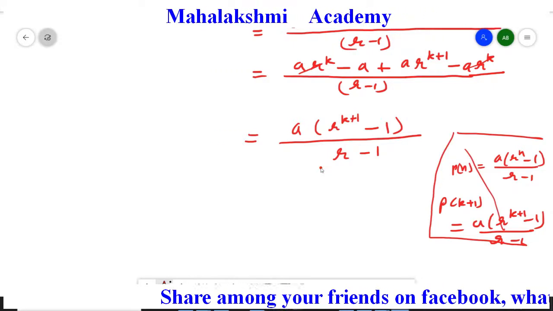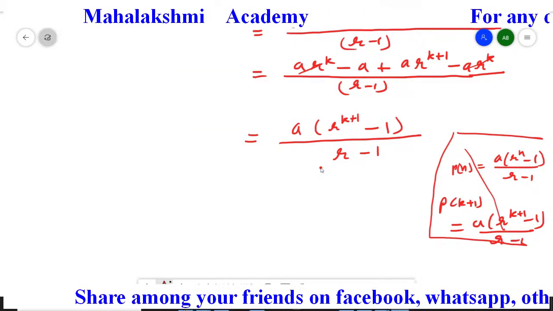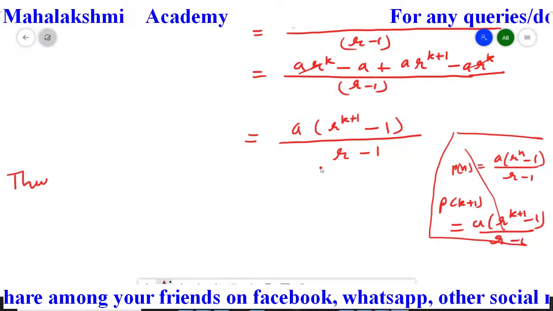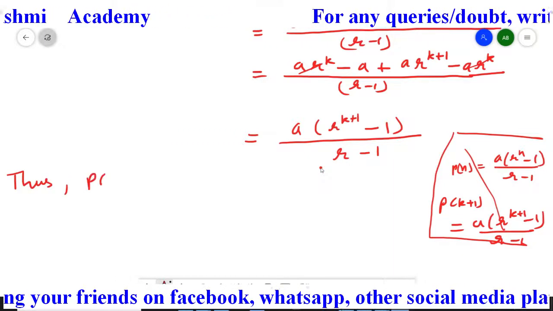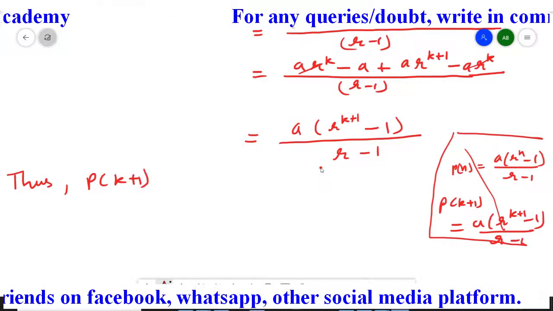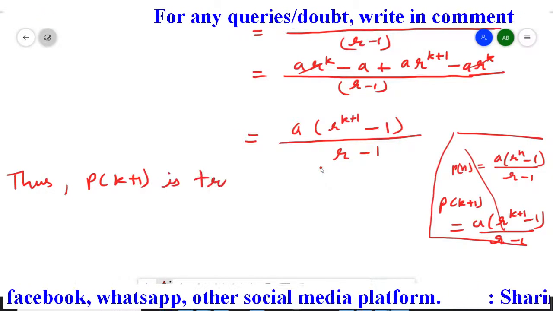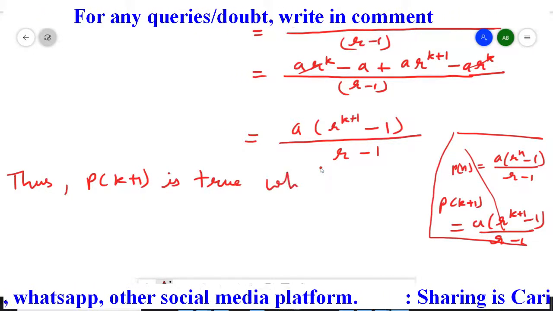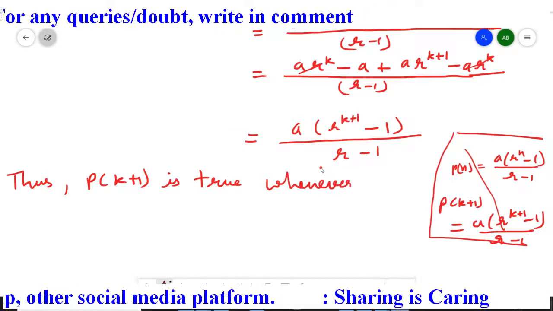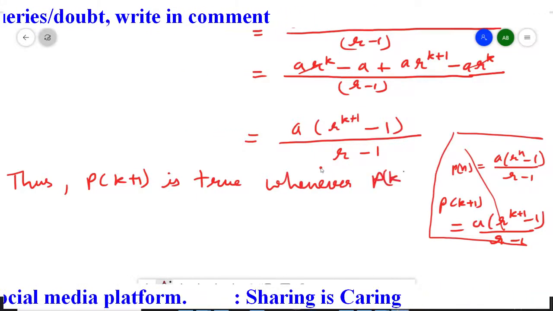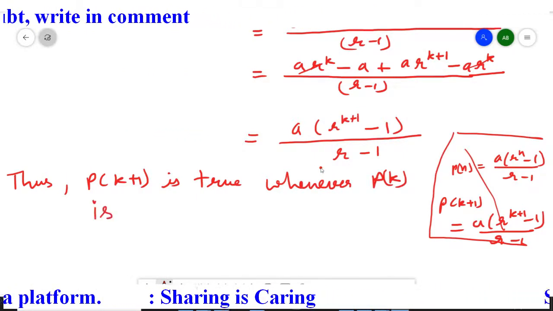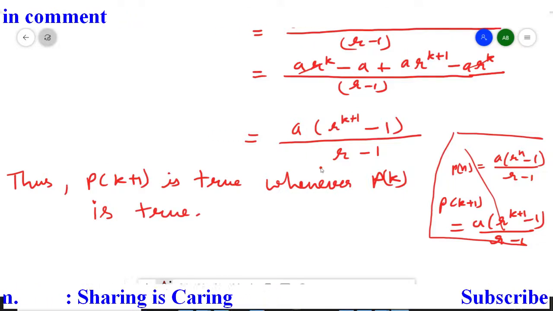Now we have to write down the concluding statements. So we will write here: Thus, statement Pk plus 1 is true whenever statement Pk is true.